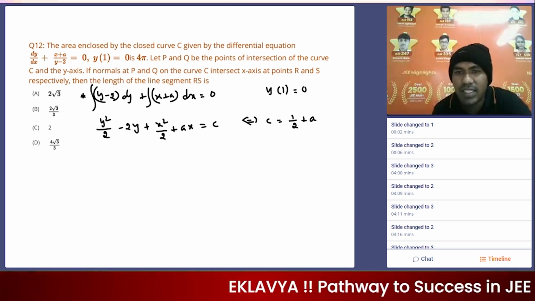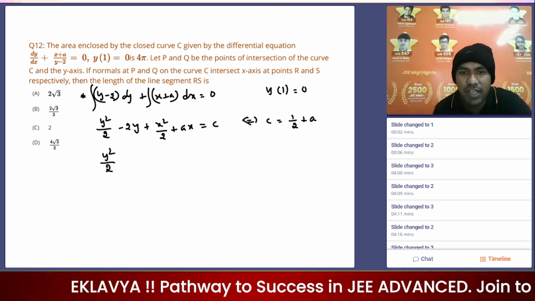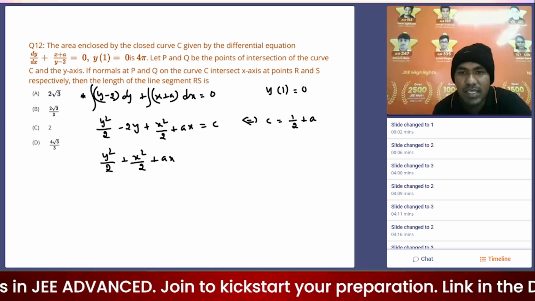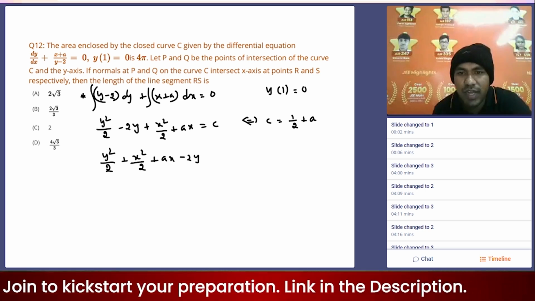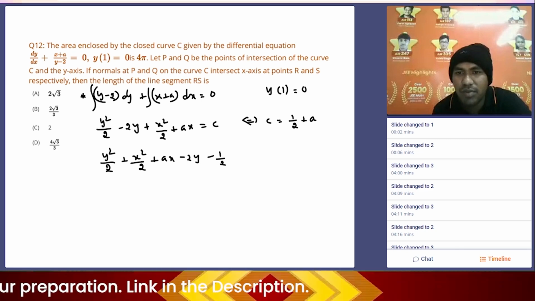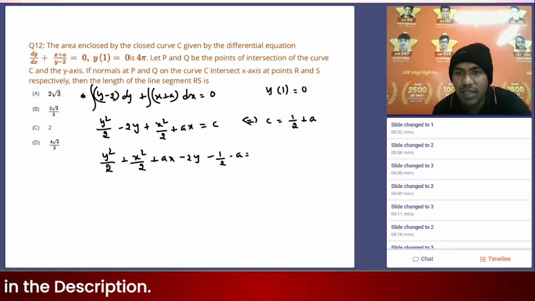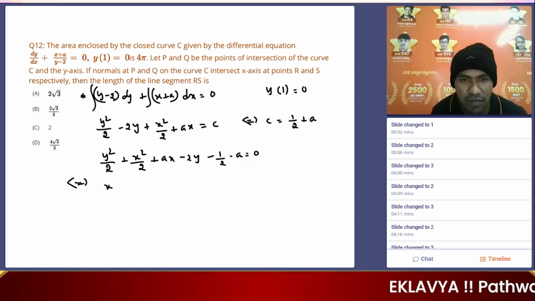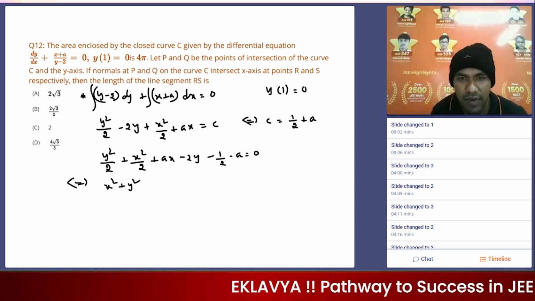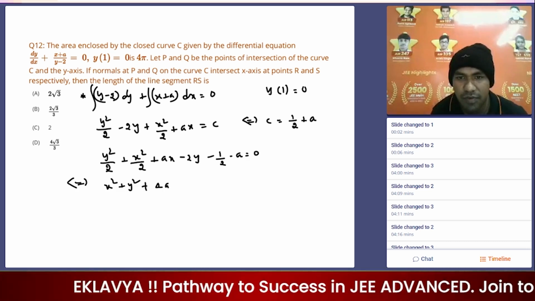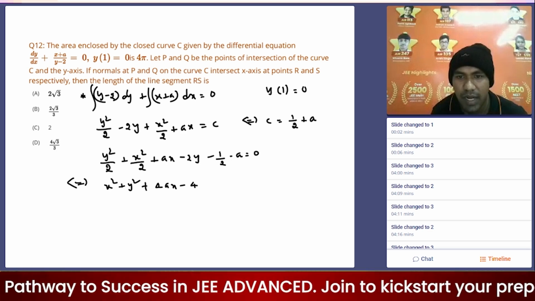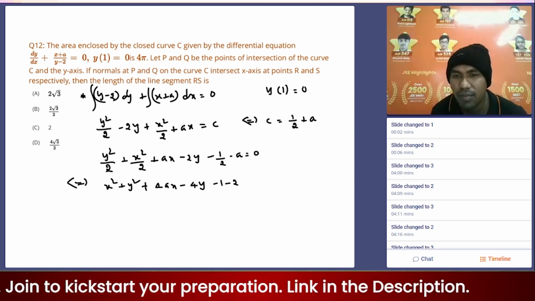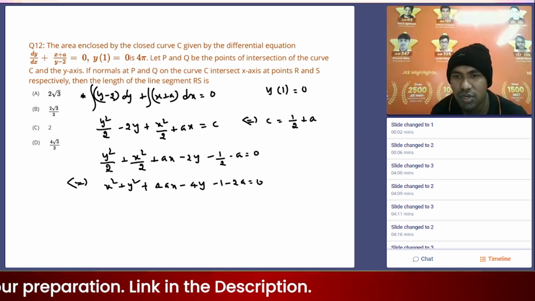By replacing this value, you will get y square by 2 plus x square by 2 plus ax minus 2y, minus 1 by 2 minus a, equals 0. Now if you simplify this, you will get x square plus y square plus 4ax minus 4y minus 1 minus 2a equals 0.